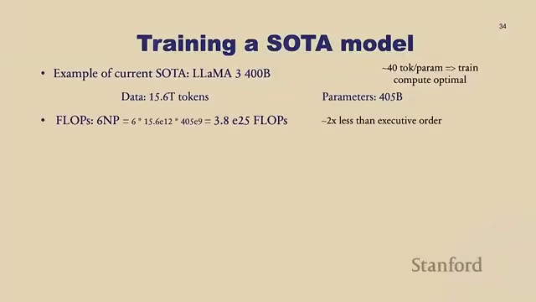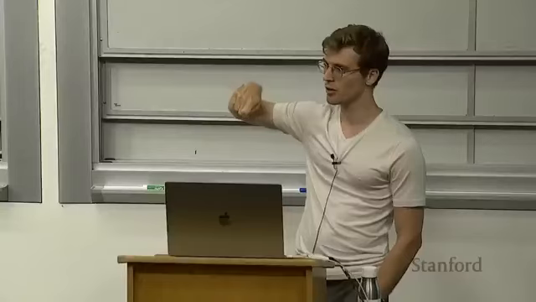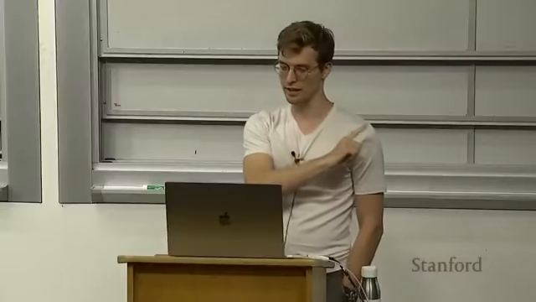So they went 2x less than that. They really went right below this to not have special scrutiny. I might be off by a little bit, but it's definitely under 1e26. So P is parameters, N is data, number of tokens. This is just an approximation.